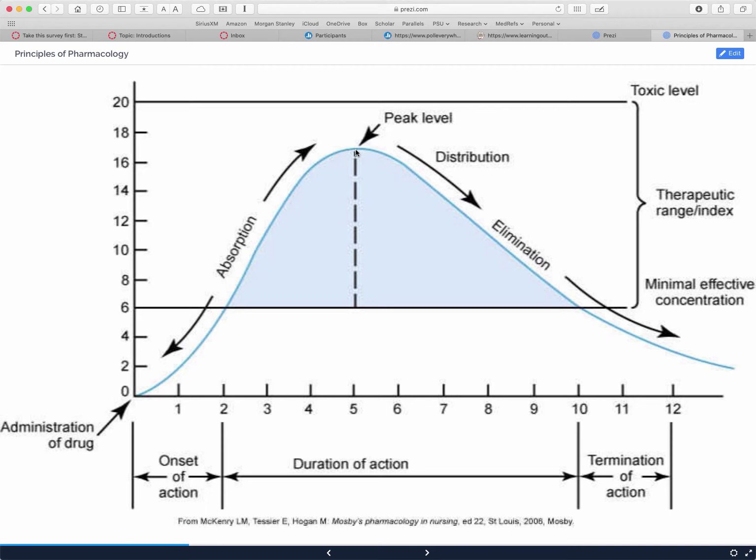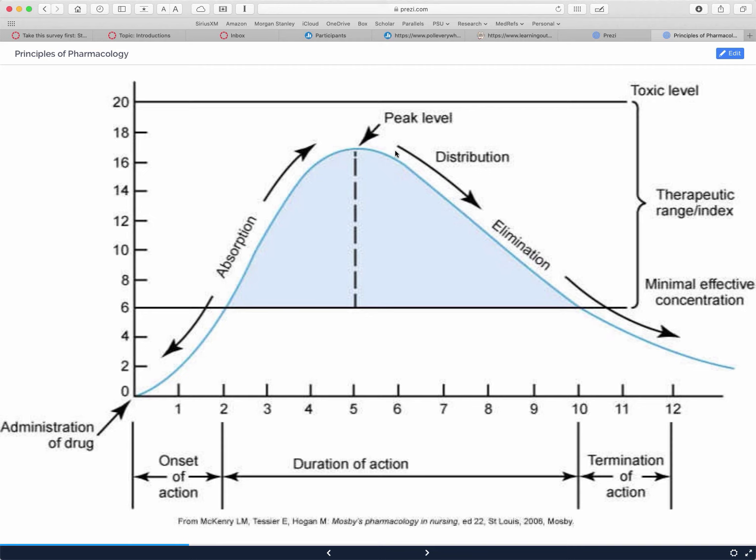Then the body distributes it throughout itself, and it gets distributed to places that don't have beta receptors, if we're talking about beta blockers. And so that same amount of drug is being eliminated, and the distribution means that since it's going to places that don't have beta receptors, there are less molecules that are available to hit those beta receptors.